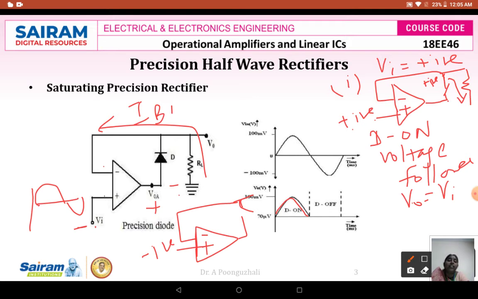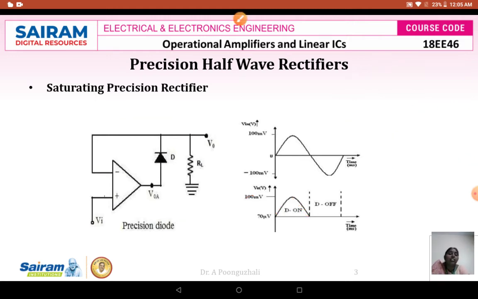The only current that flows is this small bias current, which flows from here and enters the negative input terminal of your operational amplifier. So this is how your saturating precision rectifier is going to act.